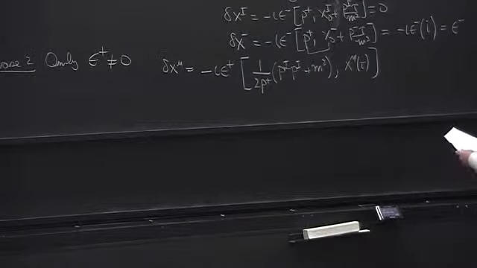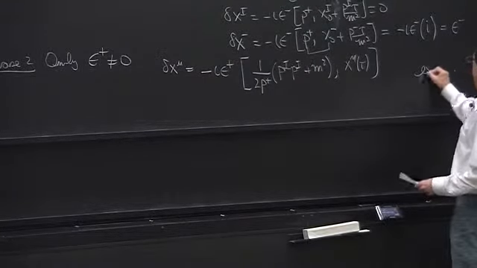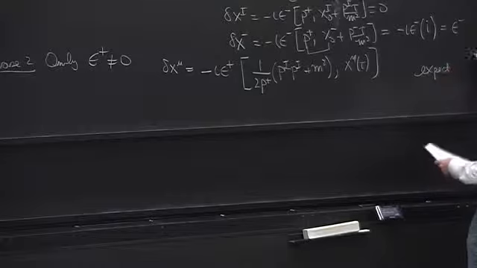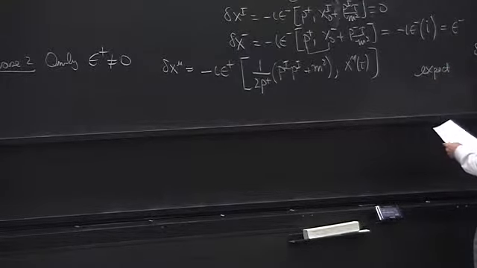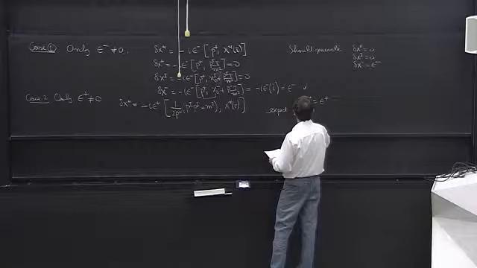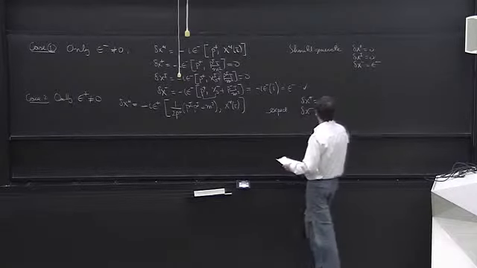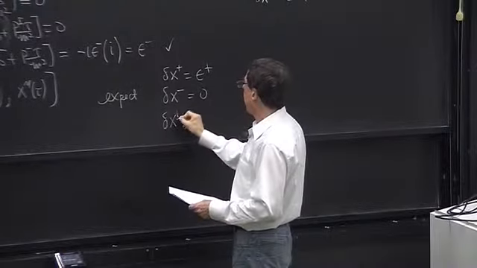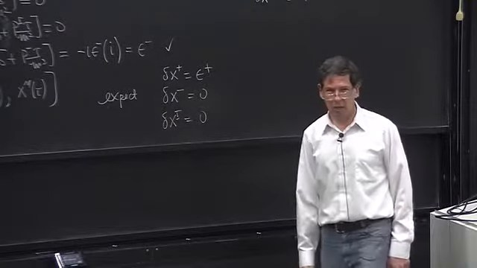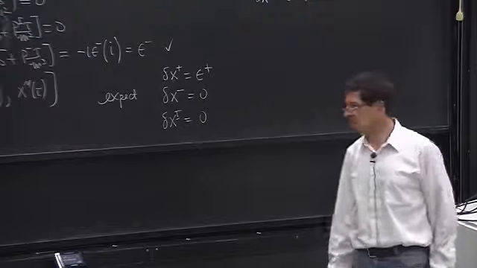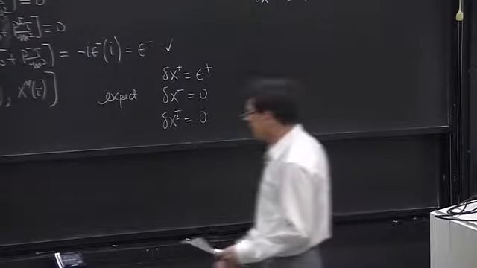Well, what should we get? We expect this time delta x plus to be just epsilon plus, delta x minus to be 0, and delta xi to be 0, because it's a translation in the plus direction. Okay, let's see.